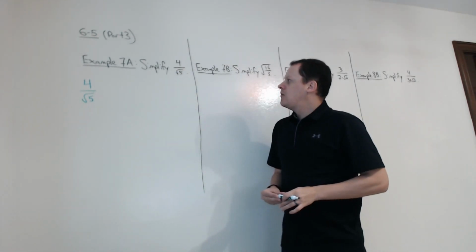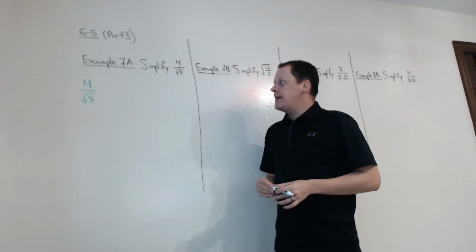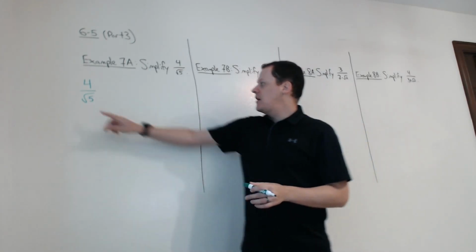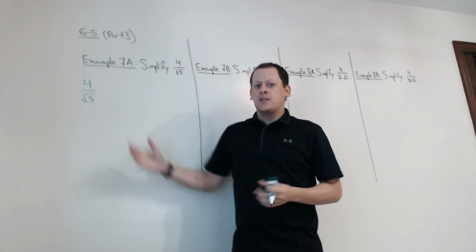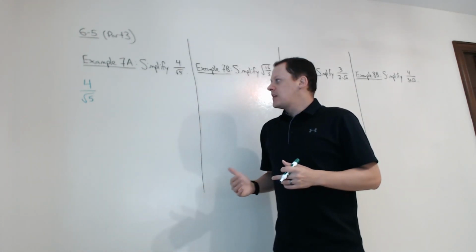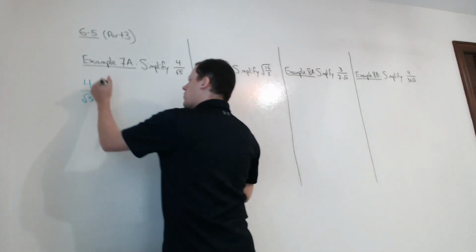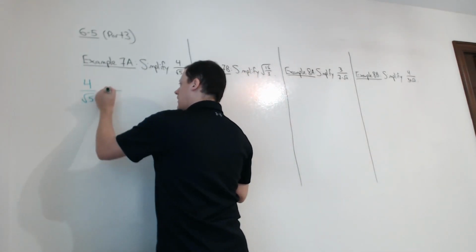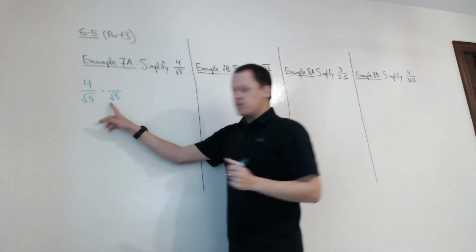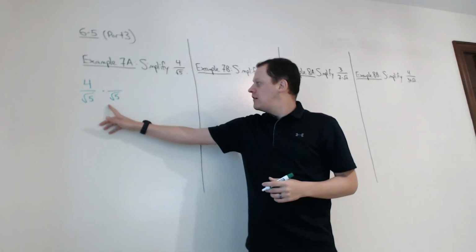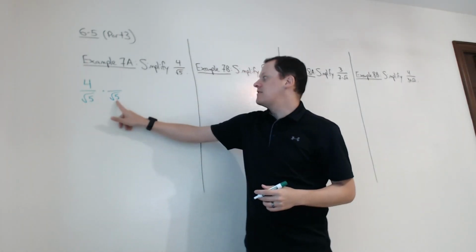Well, probably the easiest way to get something under a square root to become a whole number is to multiply it by itself. What if we took this square root of 5 and multiplied it by the square root of 5? What is the square root of 5 times the square root of 5?